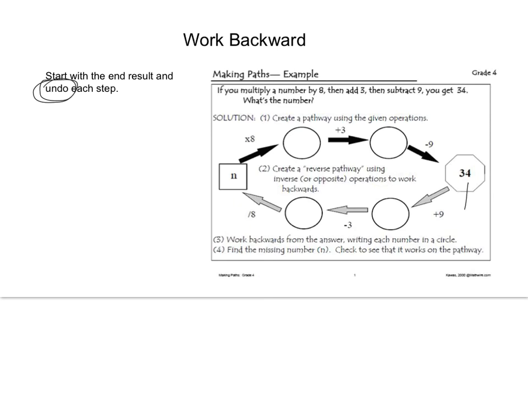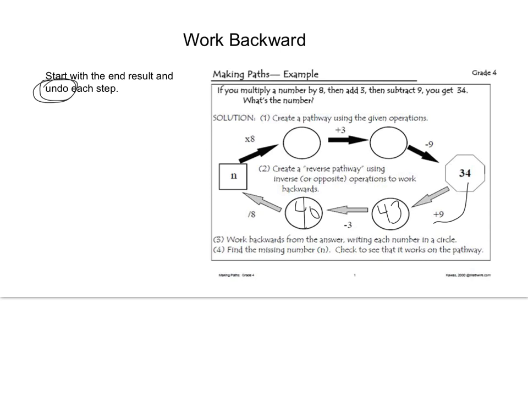They took 34, and the problem told you to subtract 9, so you have to do the opposite, which is add 9, which gives us 43. Then we have to undo adding 3, so we subtract 3, which gives us 40.